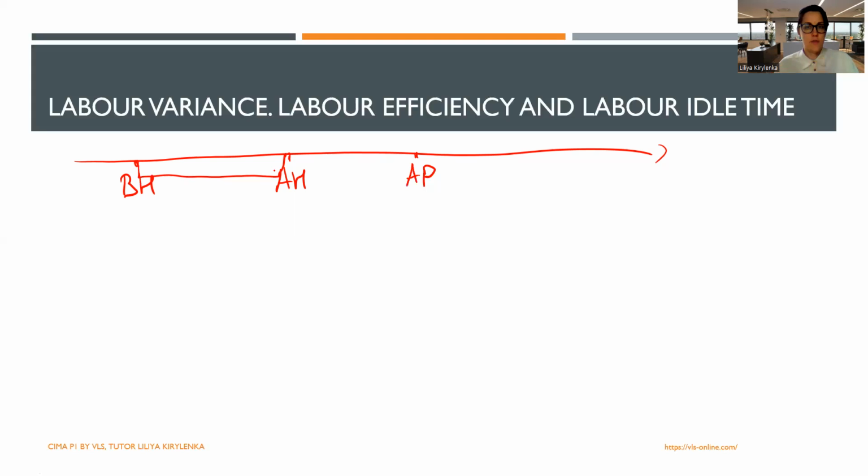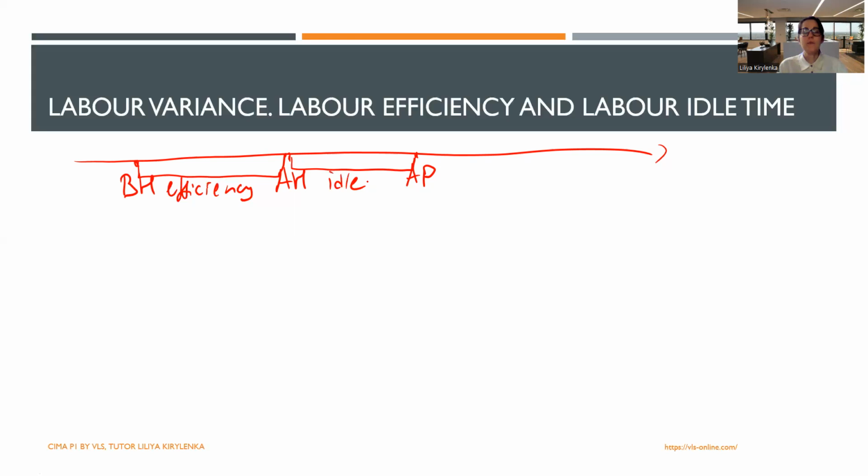The difference between the actual hours taken to produce the actual quantity of units and the budgeted hours, so the hours that would be required for this actual volume if we used budgeted efficiency, is called efficiency variance. And the difference between actual hours worked and actual hours paid is called idle time variance.